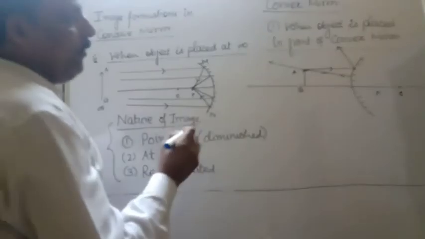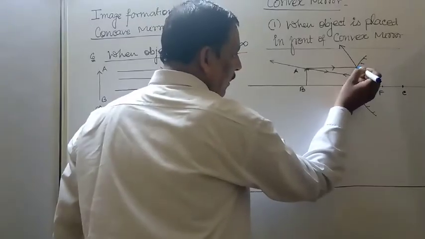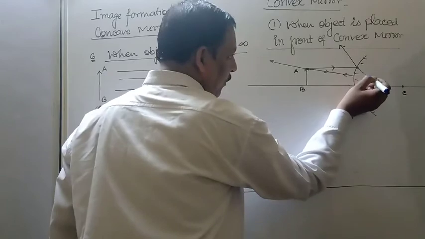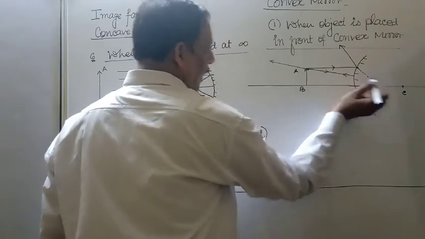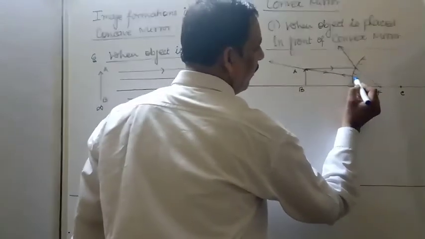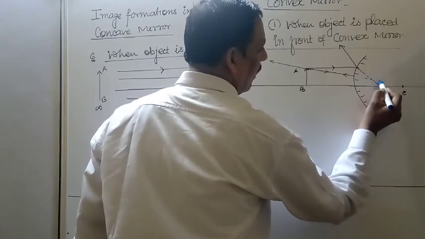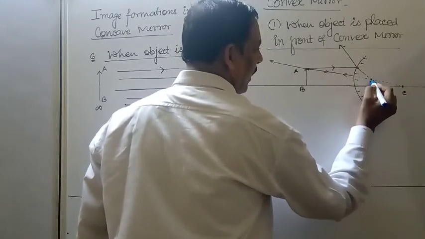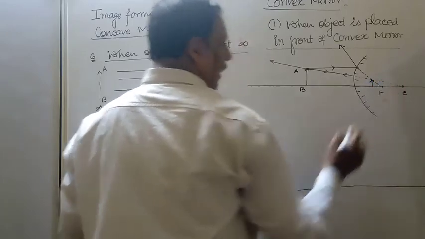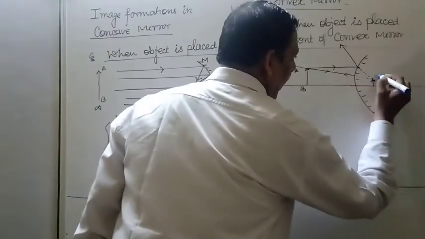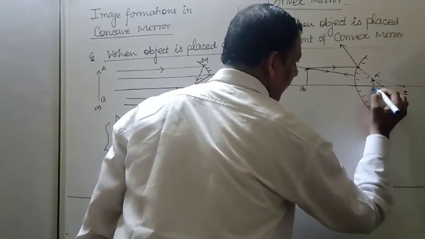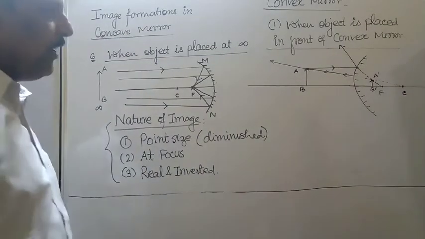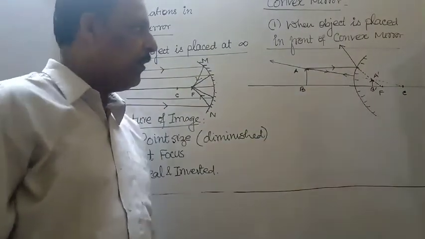Then what will we do? We will produce them just behind, and we say that these two rays meet inside the mirror, and then A dash B dash, the new image, will be formed behind the mirror.